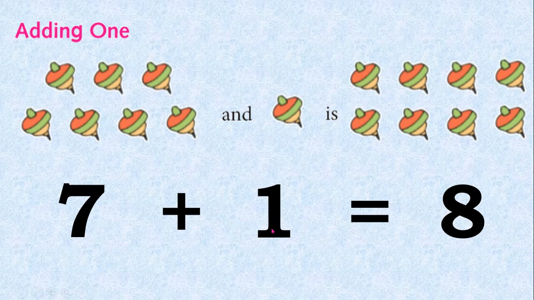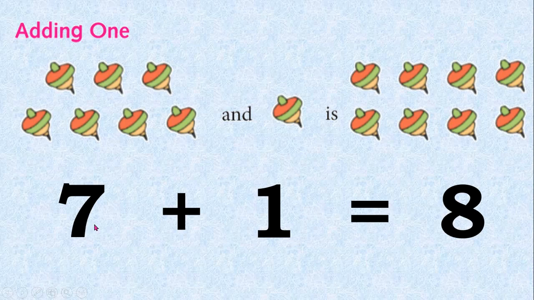That means adding 1 to any number will give the next number. Remember this. Adding 1 to any number will give us the next number. 7, the next number is 8. We obtain 8 on adding 1 to 7.